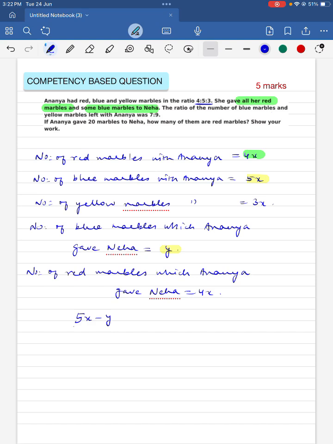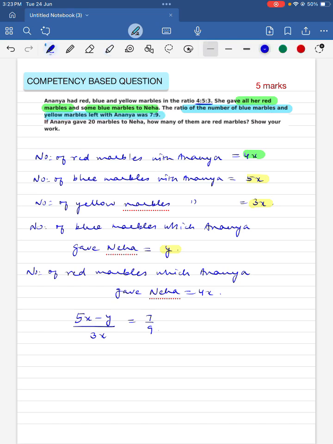And that divided by the number of yellow marbles left with Ananya, which is 3x, is equal to 7:9. That's what they've given as the clue to find the first equation here.